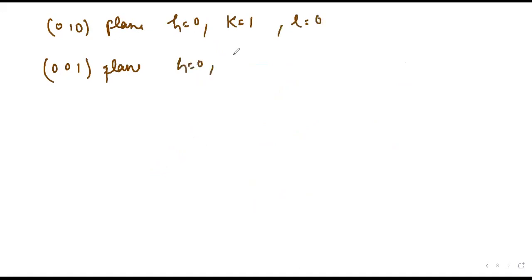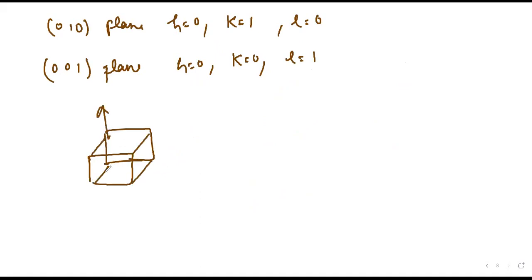Similarly here h 0, k 0 and l is equal to 1. Again I am drawing here. I am talking about only the y-axis. So this particular plane will be equal to 0, 1, 0.